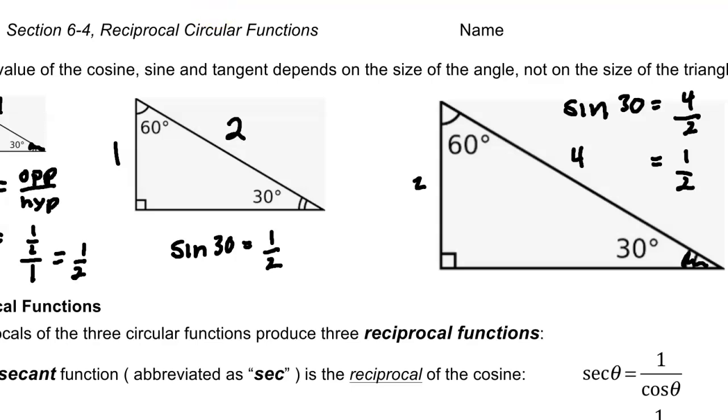Now, the majority of what we're doing today is going to be looking at something called the reciprocal circular functions. Circular meaning trigonometric: sine, cosine, and tangent. Now let's take the reciprocal of those and see what they look like. As you probably learned when you divided fractions, you learned what a reciprocal was a long time ago.